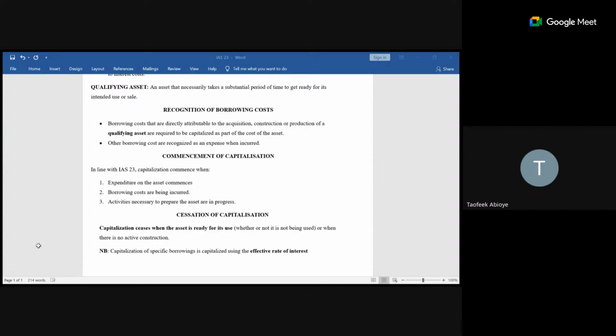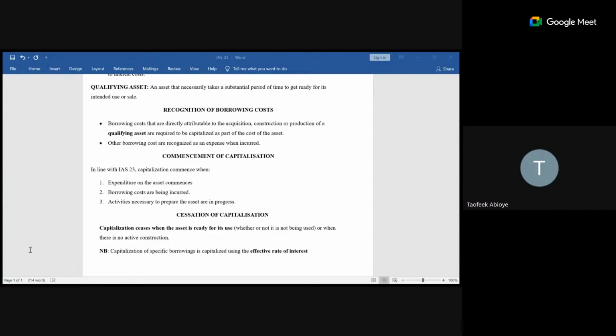Now, under the principle of IAS 23, the costs eligible for capitalization are capitalized until the asset is available for use. So now let's go to the next line. In this case, what's the relevant period for our capitalization according to this question?